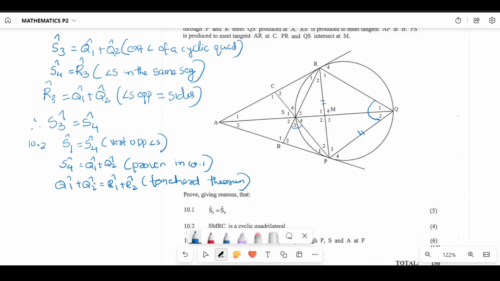So ultimately what we are trying to prove is S1 equal to R1 plus R2. Therefore, S1 equal to R1 plus R2.